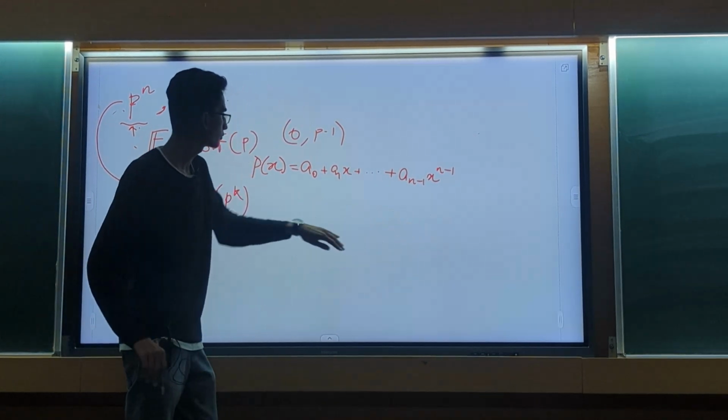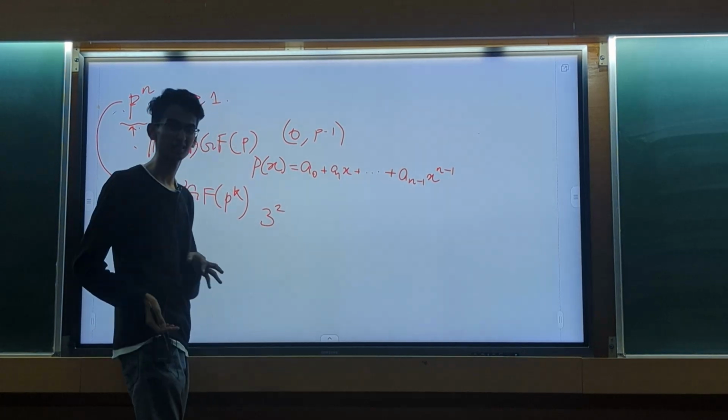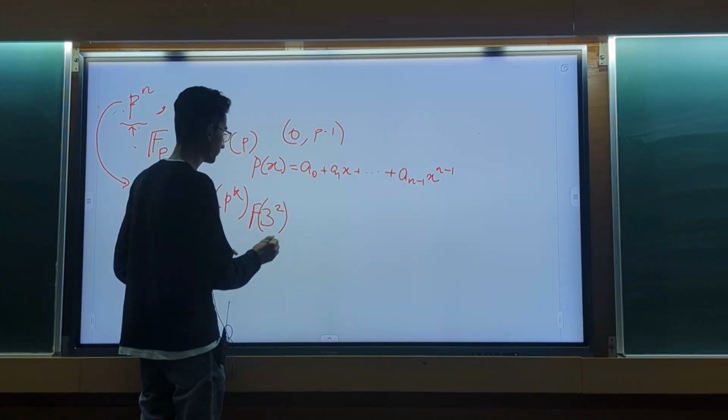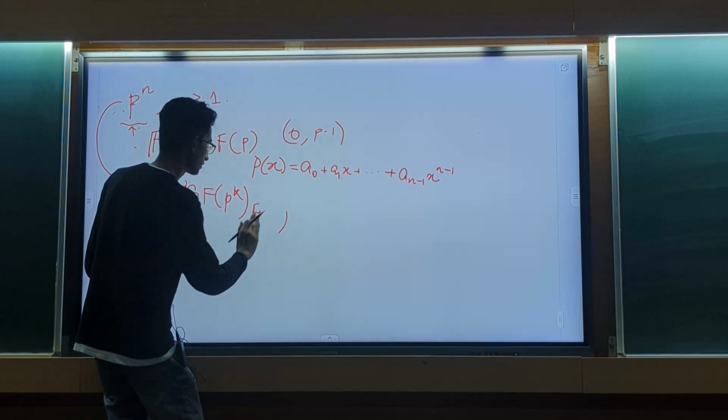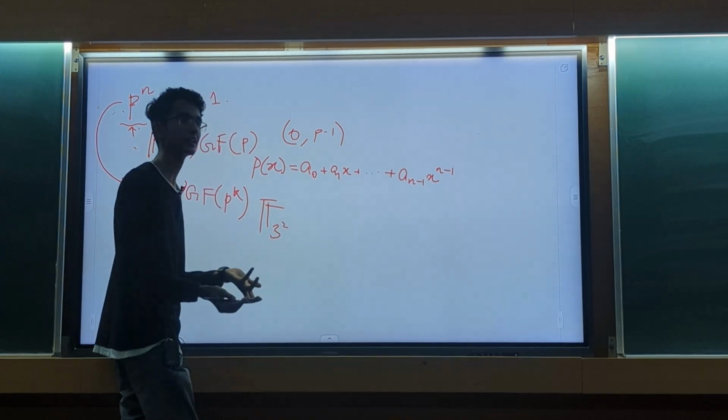So an example of this would be if I'm just taking 3 squared, so a member of F3 squared, which is just 9.